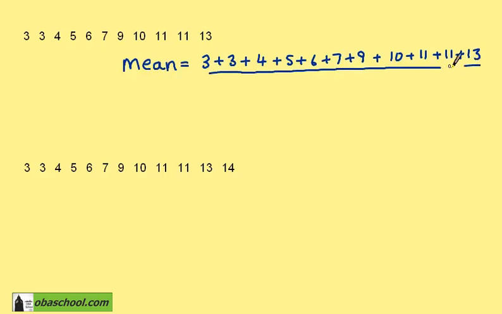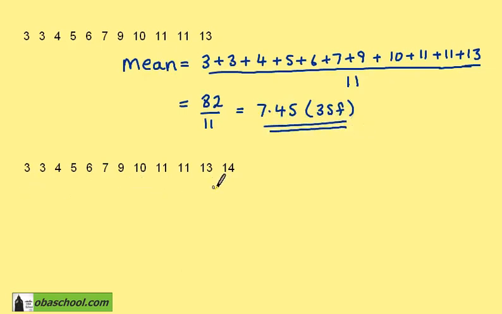For this data set, which we've met before, we know that there are 11 pieces of data. And this is equal to 82 over 11, which is 7.45, given to 3 significant figures.